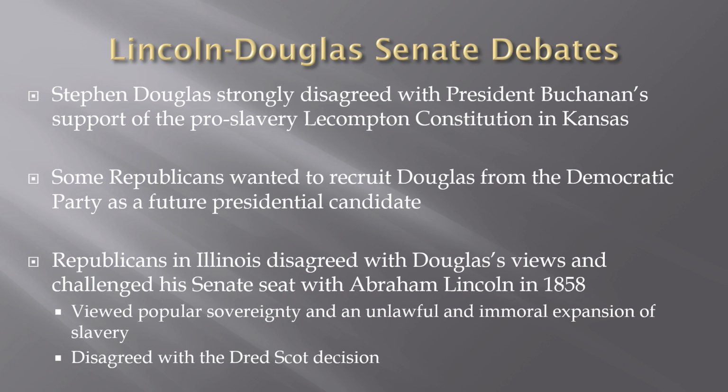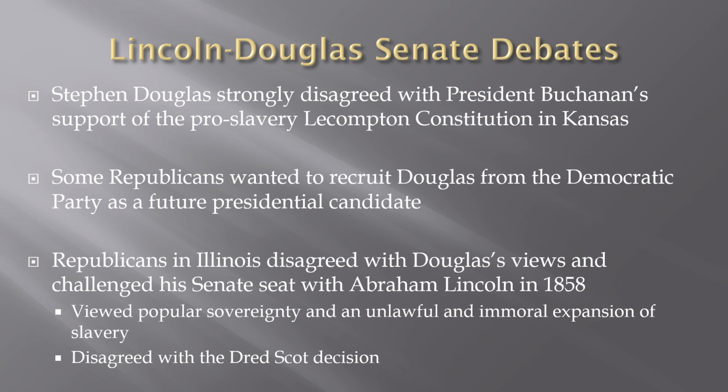One of the things that he did that to a lot of us doesn't make any sense is he kind of blindly supported the pro-slavery constitution that was passed in Kansas. Everybody viewed the Lecompton Constitution as something that was illegitimate, that most of the people that lived in Kansas did not want slavery, but Buchanan wanted to back this pro-slavery fraudulent constitution, and this is something Douglas strongly disagreed with.